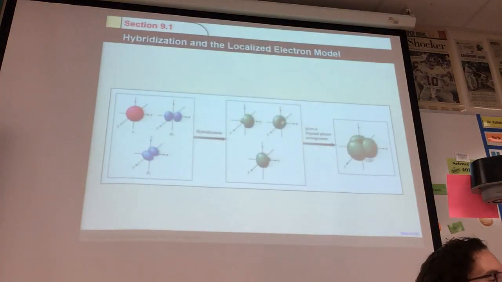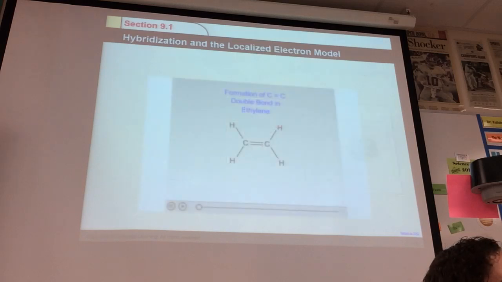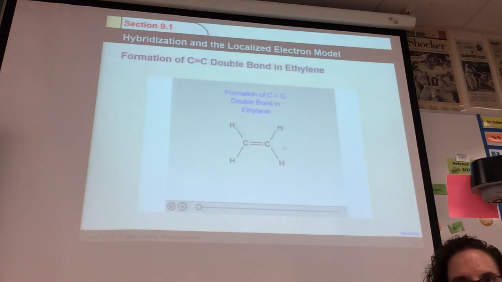So you've got 1 S and 2 of the P's. You're going to make sp2, 3 of them. This will start to get into it. It's going to flip to sigma and pi. I'll come back to sigma and pi, so I'm going to cut it.